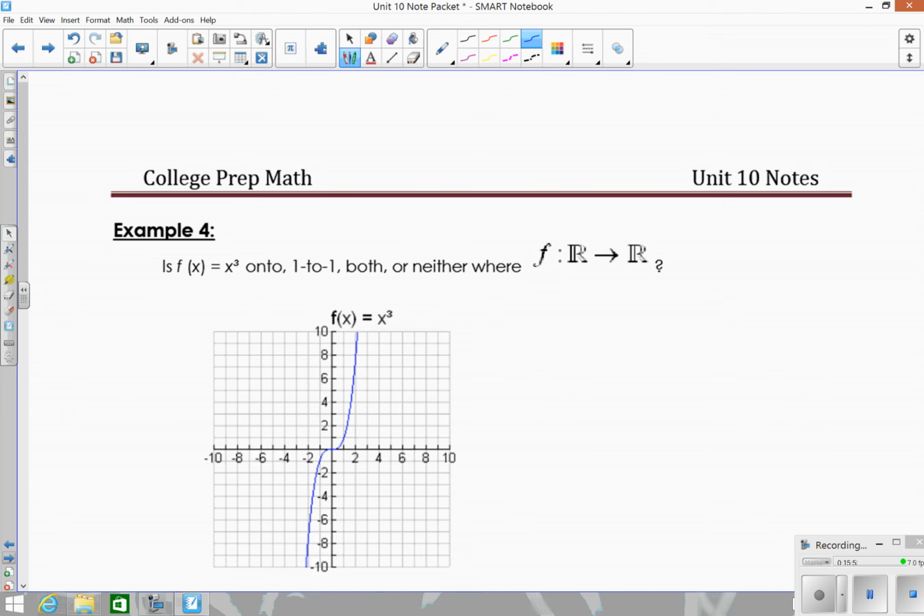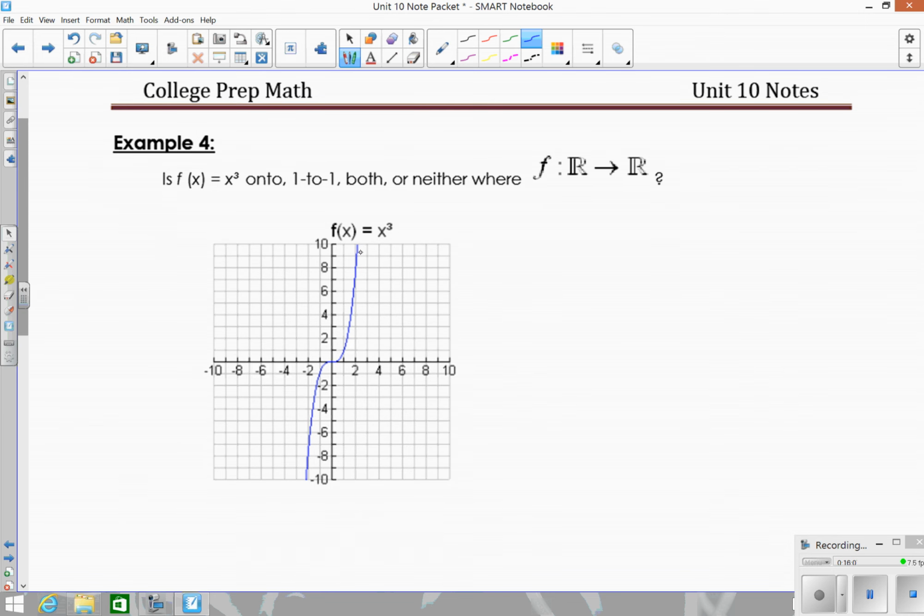So example 4, we're going to do the same thing, looking at this function on a graph. Is it onto, one-to-one, both, or neither, from the real numbers to the real numbers? Onto means that all y values are being used. If you look, this graph doesn't have any restrictions. The range of this function is going to be -infinity to +infinity.